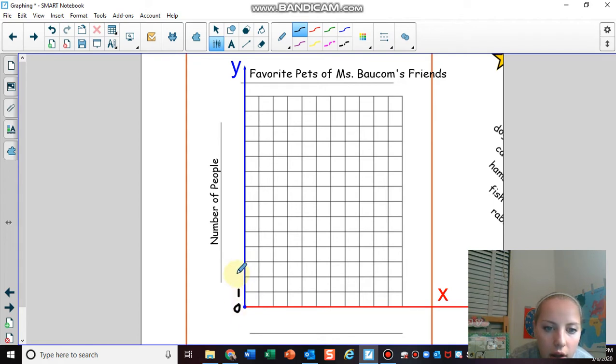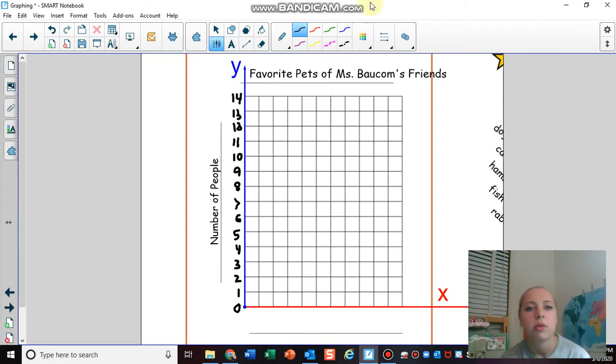On the y-axis we also put our numbers: 1, 2, 3, 4, 5, 6, 7, 8, 9, 10, 11, 12, 13, 14.